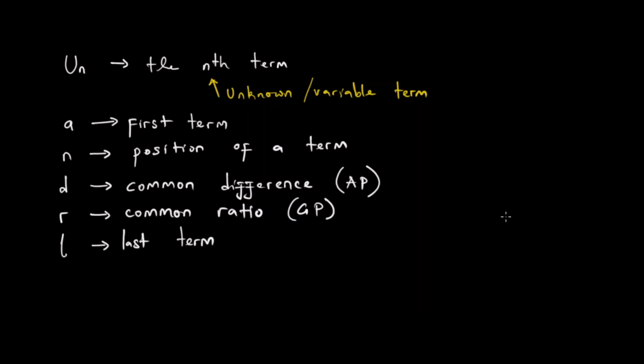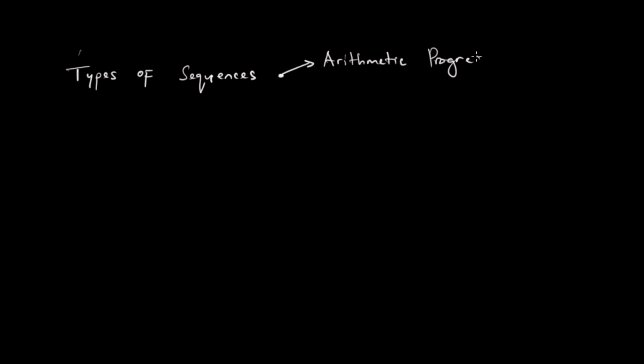From here, we double down on types of sequences. The types of sequences we looked at were the arithmetic progression and the geometric progression.